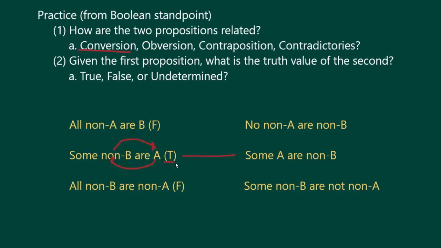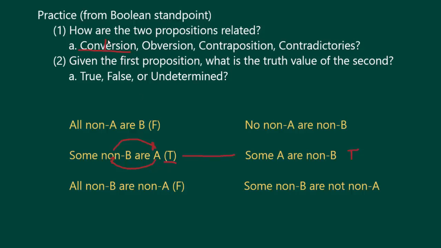So now we need to ask ourselves, given that the proposition on the left is true, do we know whether the proposition on the right is true, false, or undetermined? If you said that they are logically equivalent and therefore we know that some A are non-B is true, given that some non-B are A is true, that's correct.